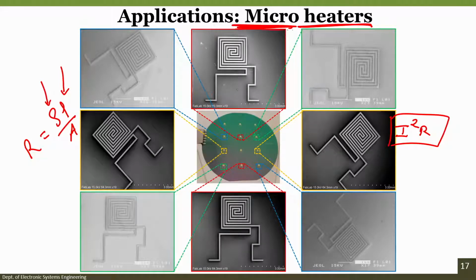So, another application of the microfabrication or lithography technique is to fabricate micro heaters. The metal for the micro heaters can be platinum, can be gold, can be nickel, nichrome, polysilicon, and so on and so forth.